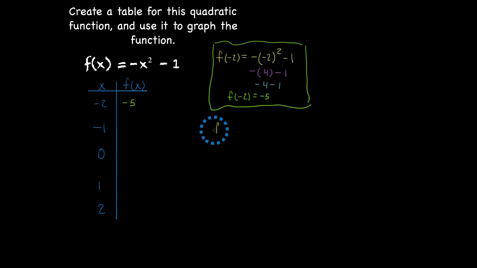Alright, so f of negative 1, we have, well, negative 1 squared minus 1. So negative 1 times itself, or negative 1 squared, will give me positive 1. So now I'm going to bring this negative symbol down. So I have negative 1 minus 1.